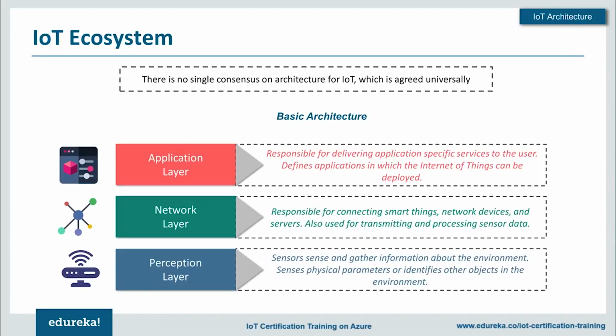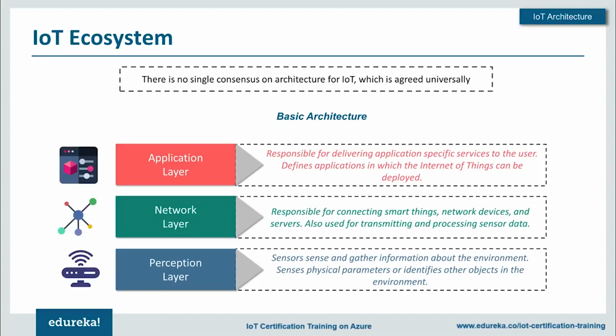Once this is done, I'm going to pass this information to the network layer. The network layer takes up the responsibility of transferring this data from the sensors to the next layer, which is the application layer. Here the main responsibility is that the application delivers this information to the end user or the end platform.